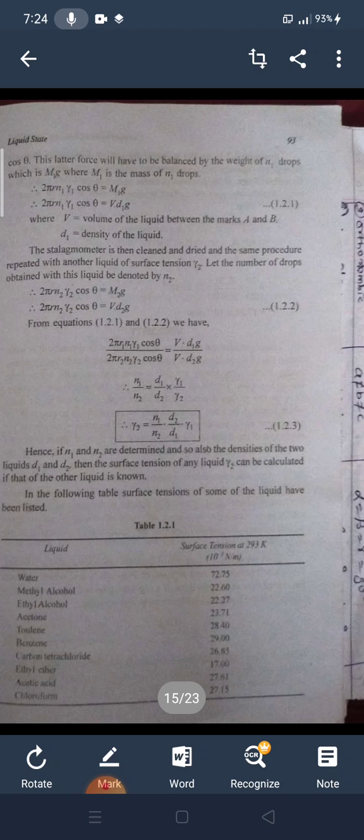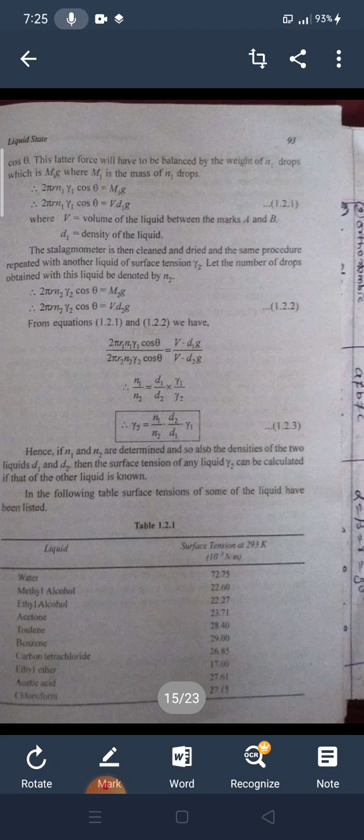The stalagmometer is then cleaned and dried, and the same procedure is repeated with another liquid of surface tension γ2. Let the number of drops obtained for this other liquid be N2.